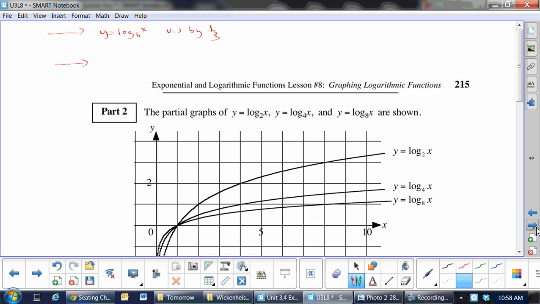If I was to do that, what's the replacement? What is it? y goes to 3y, right? Remember that?